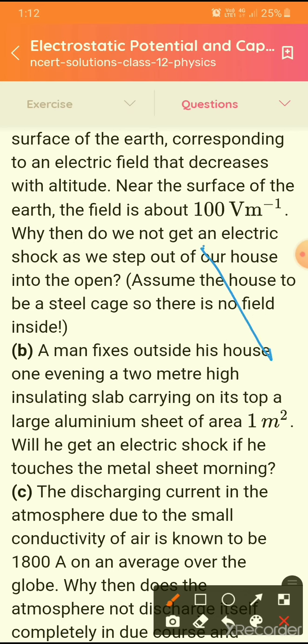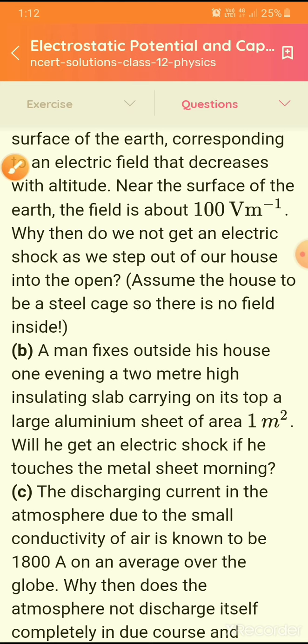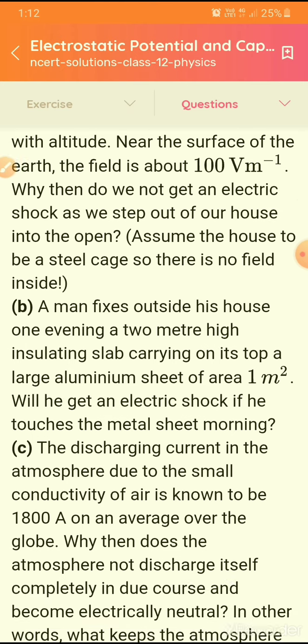Will he get an electric shock if he touches the metal sheet next morning? This is the second question asked.